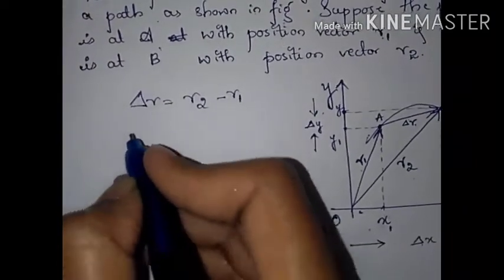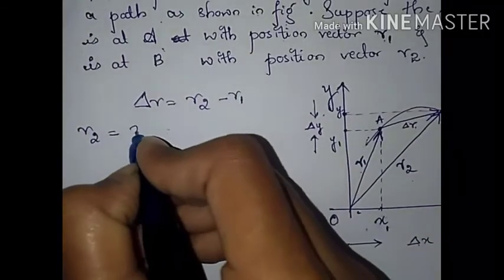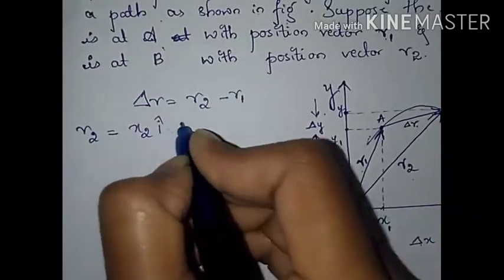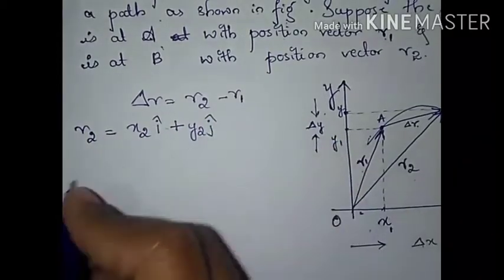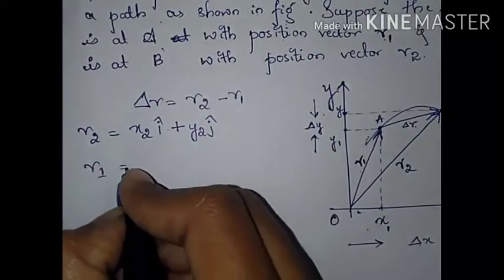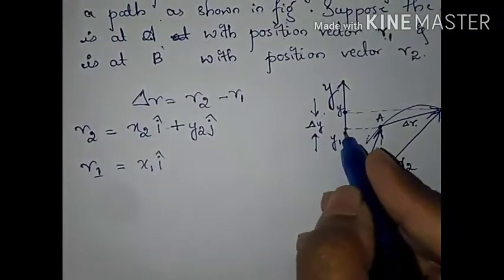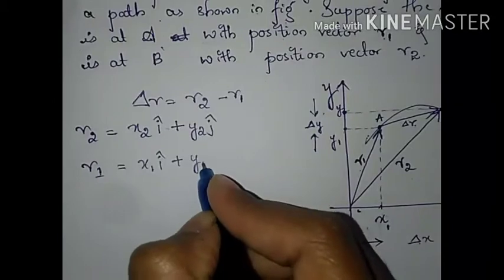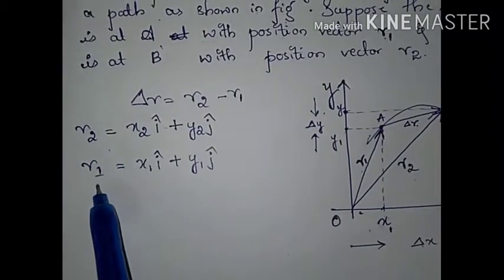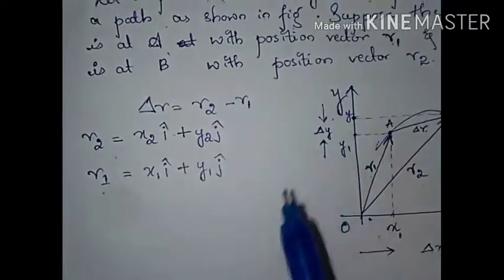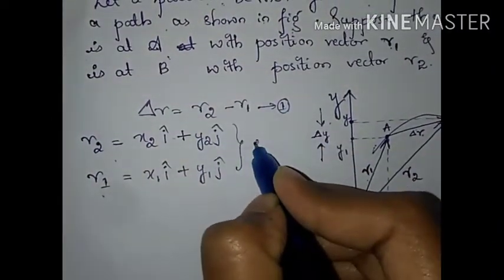So r2 is equals to x2 I cap plus y2 j cap, and r1 is what? x1 I cap plus y1 j cap. So substitute these two in this equation. So let us call this equation number 1 and this equation number 2.